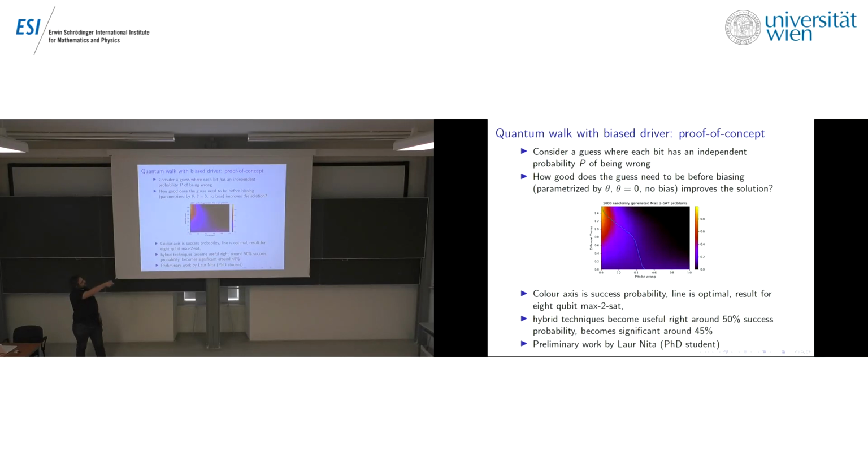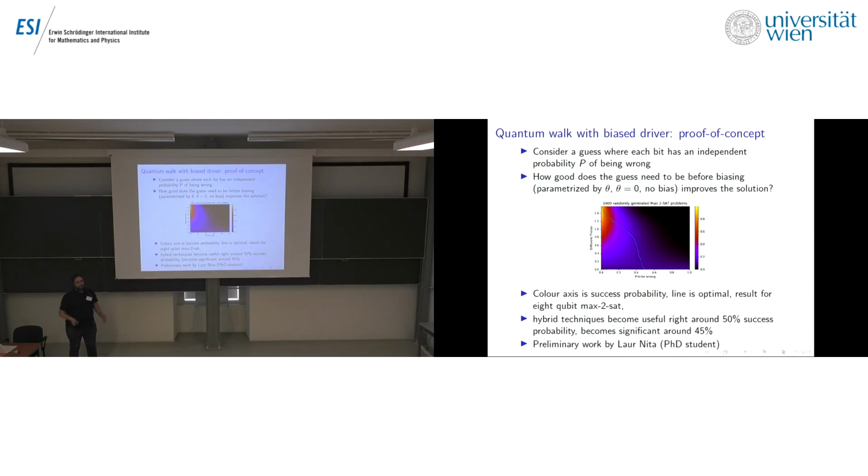And what we find is right around 50% probability to be wrong, meaning when you're just a little better than random guessing, it actually starts to become worth biasing a little bit, which is interesting. This isn't really the end of the story because in any real protocol, your probabilities of different bits being wrong will be correlated, but we just want to do something simple to model that and to argue that maybe there is something you can get out of these hybrid protocols.